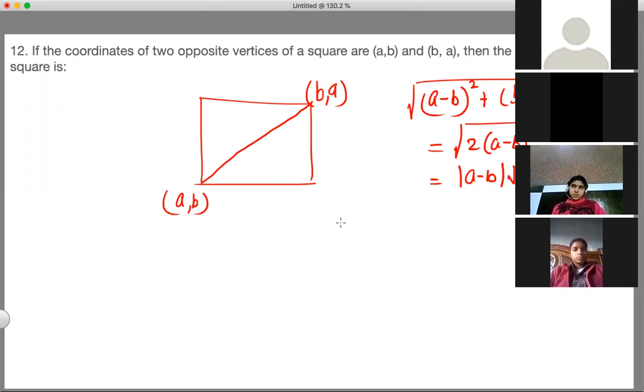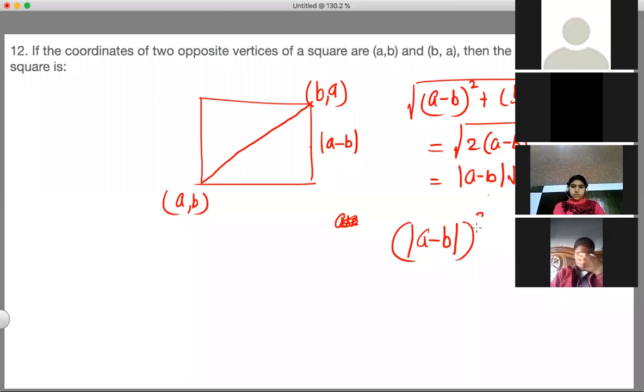Okay, now what is the area? So first let's see what is the side. Side is this by √2. So a minus b is the side. Okay, area is a minus b modulus का whole square.